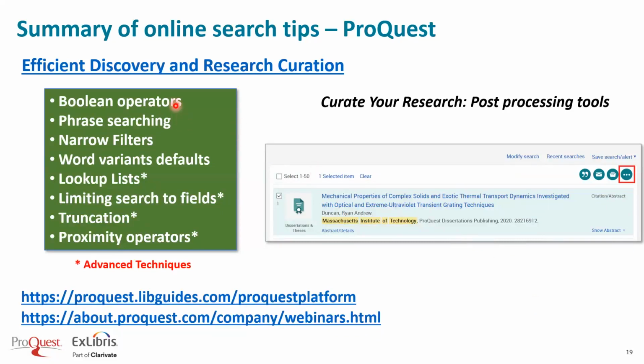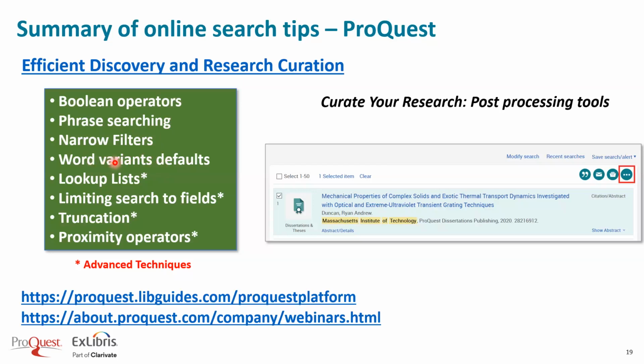So you have to apply Boolean operators. Most databases use Boolean operators. You use phrase searching with quotation marks. You can narrow your filter, for example, if I want to look at the current trend, I can narrow my publication year to the last 5 years. Word variances: if I type in a singular noun, can the system recognize the plural noun?